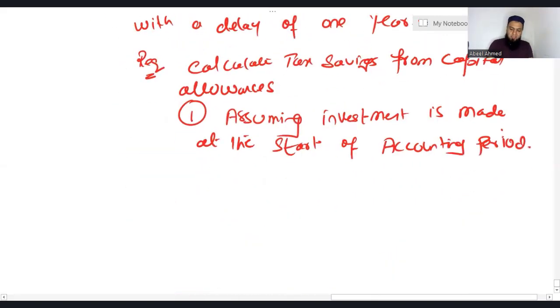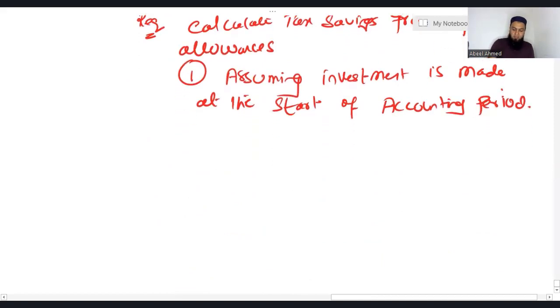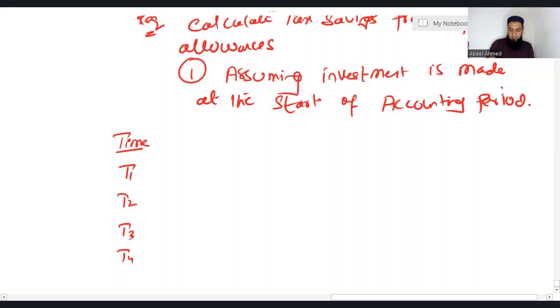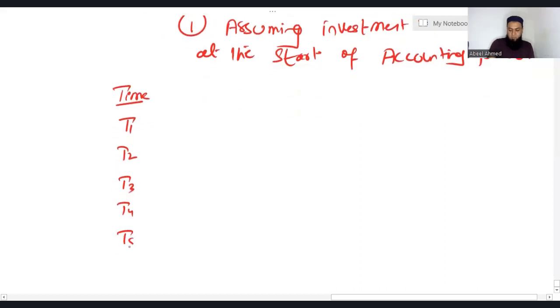We need to calculate tax saving from capital allowances. How do we calculate? Very simple. Time period: T1, T2, T3, T4, and T5. Why T5? Even though the project life is 4 years, its impact will go to T5, because tax is paid with a delay of 1 year.